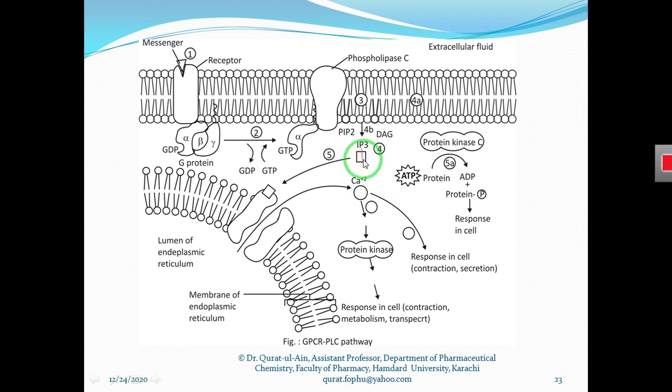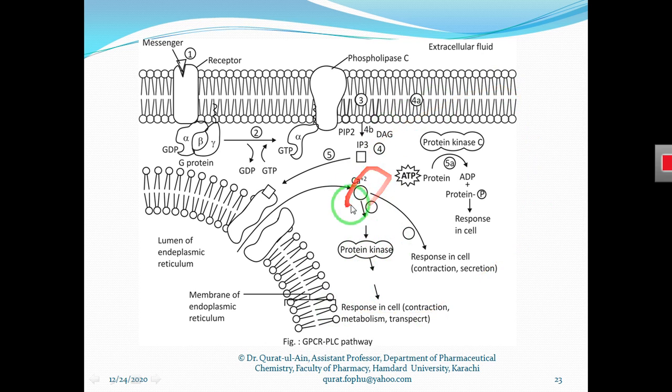Inositol triphosphate is a second messenger. Why is it a second messenger? Because it is going to bind with another receptor, and then it initiates a signal, and due to this signal, calcium is released and comes inside the cytosol and will activate another protein, that is protein kinase C, and then the protein kinase will activate other proteins.